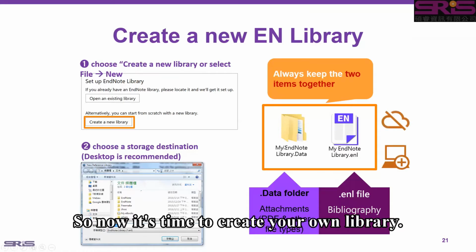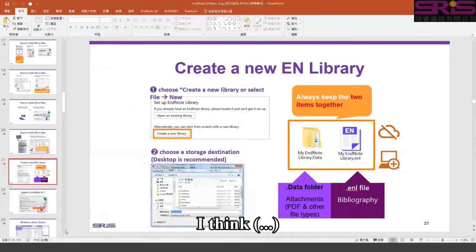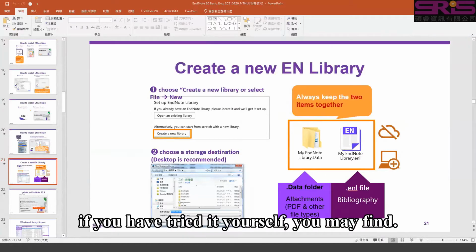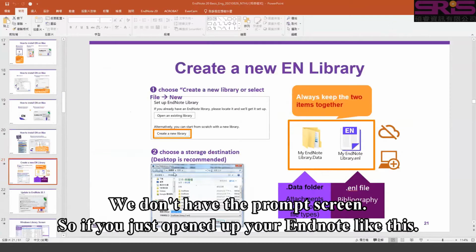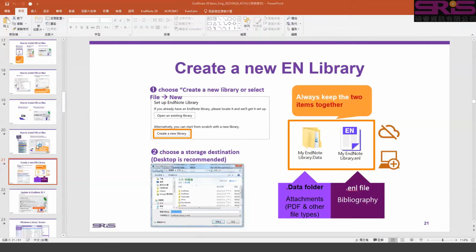So now it's time to create your own library. I think if you have tried it yourself, you may find we don't have the prompt screen. So if you just open up your EndNote like this, from the start menu, and EndNote here.